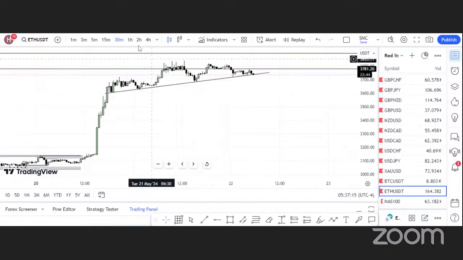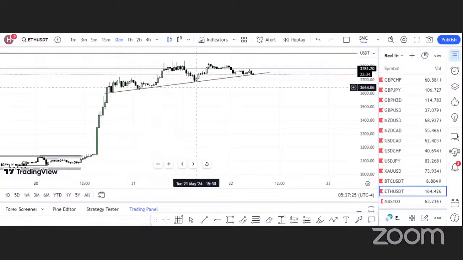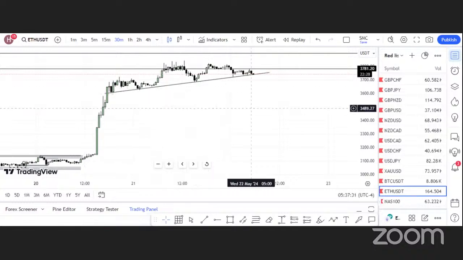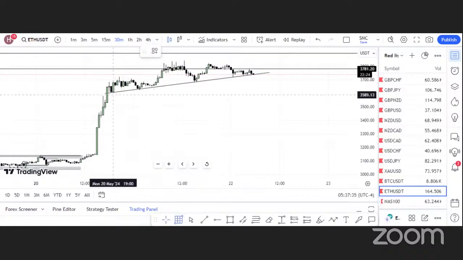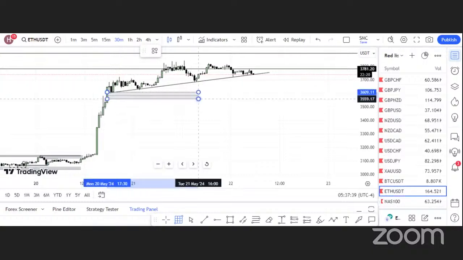We want to see the market taking liquidity and changing character, right? Before we look for sell opportunity. And right now, that is not happening. Okay, so there's currently no opportunity.